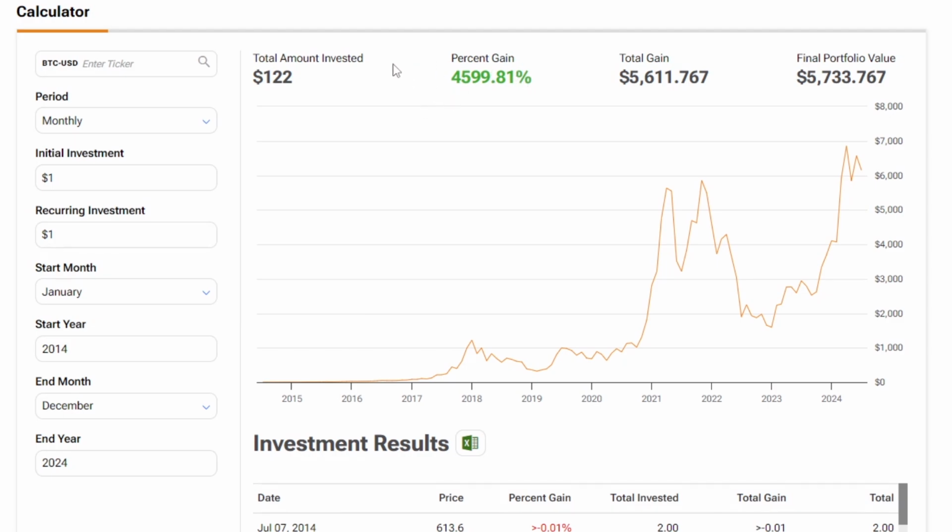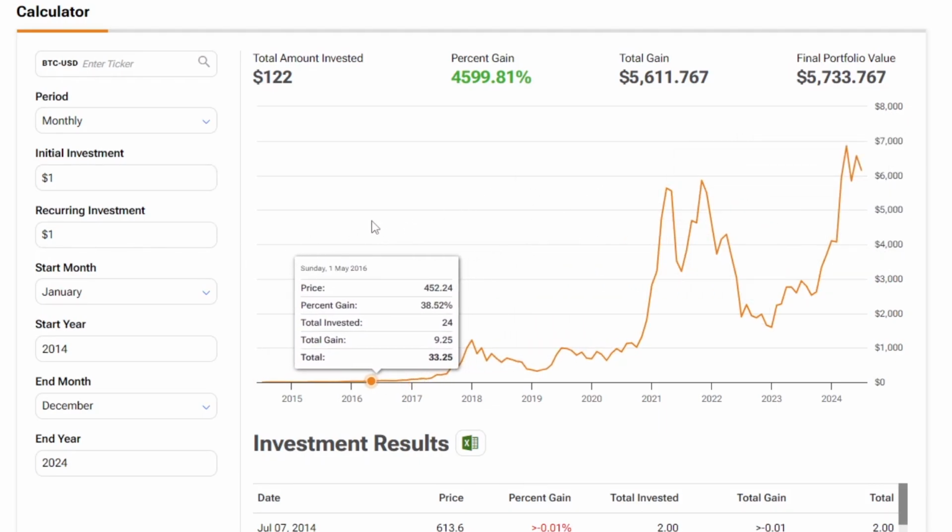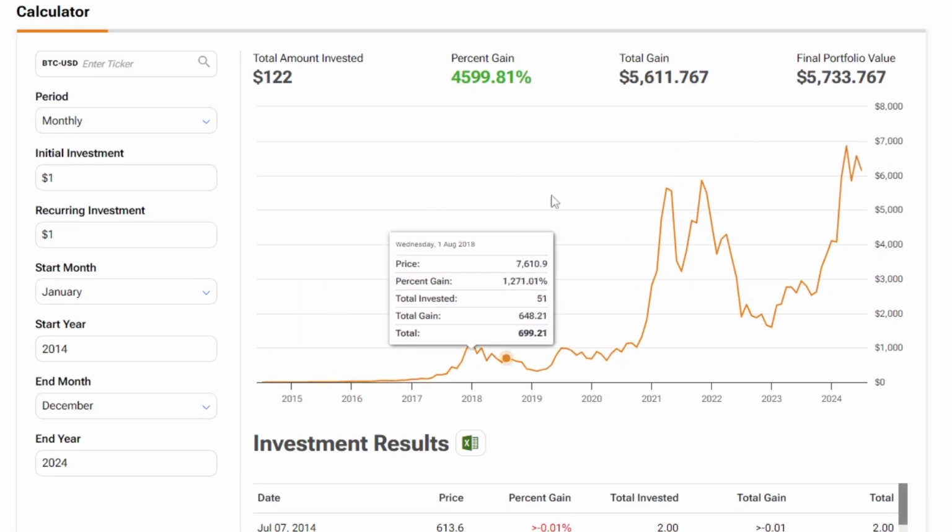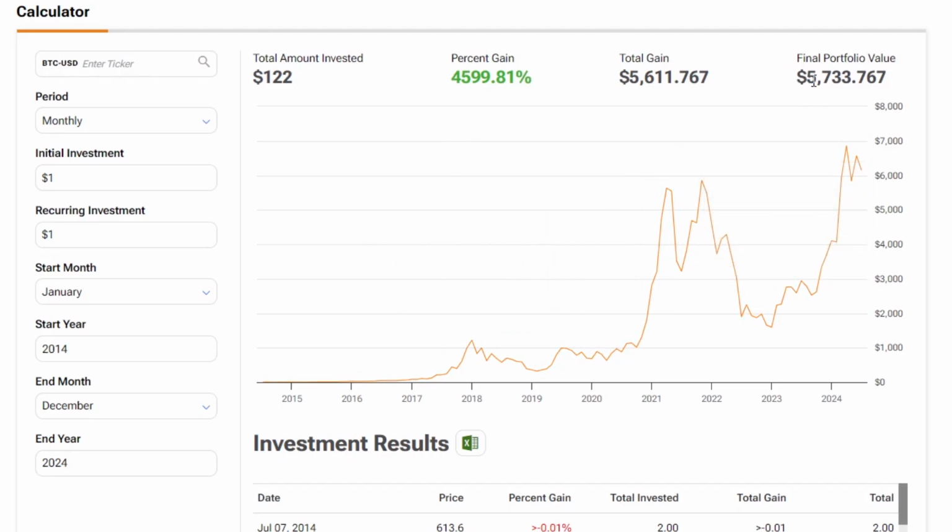So basically, if you invested any amount of money that you would have here over the past 10 years and you dollar cost averaged it, so every month you put in $10, let's just say, that means that probably by now you would have had around 57,000 if you had put $10 in per day. So the initial investment would be about $12,000, and then the final value would be around 57,000. So you can just scale these numbers up and get an idea of how it works for dollar cost averaging. So it eliminates the risk.